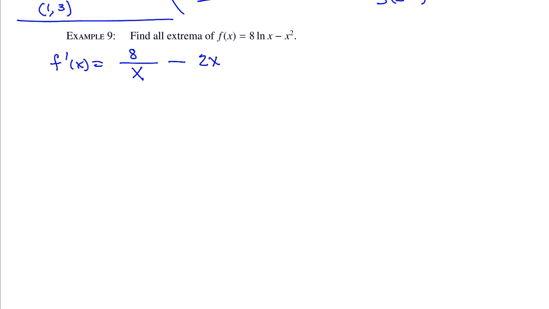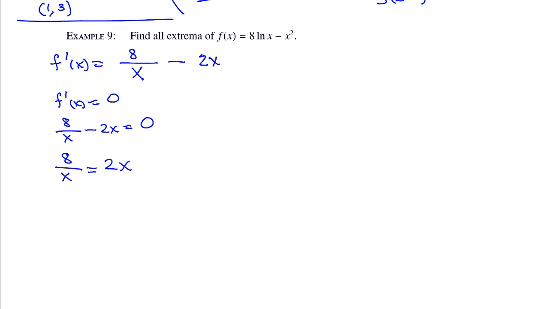All right. So first we want to find where f prime of x is equal to 0. So I'm going to set 8 over x minus 2x equal to 0. And I'm going to solve this by moving the 2x to the right side. And then cross multiply.